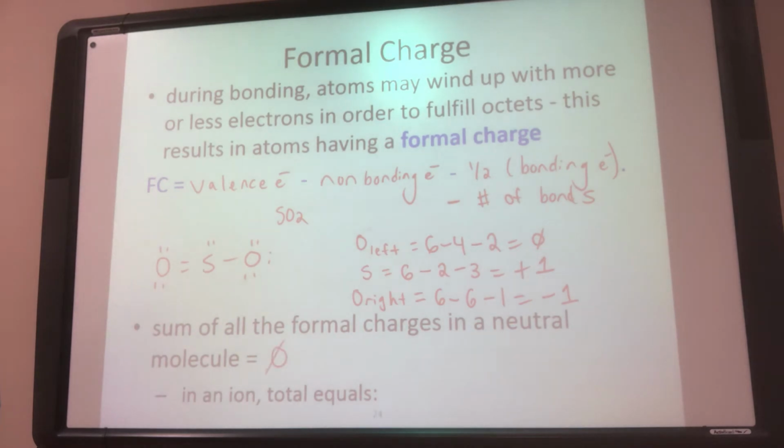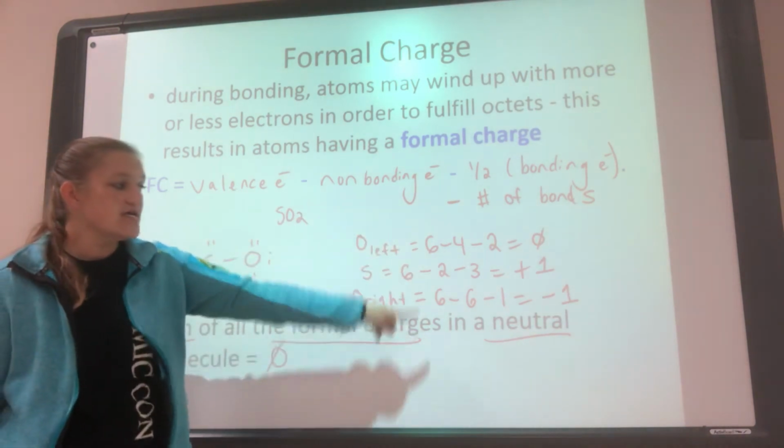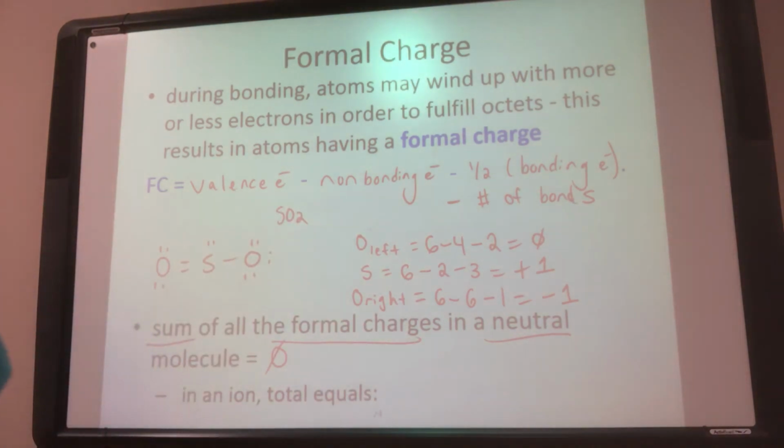So if it is a neutral molecule, the sum of my formal charges is also going to be 0. If it is an ion, say there's a charge here, then these formal charges will equal whatever the ion charge is. So in an ion, the total equals the ion charge.